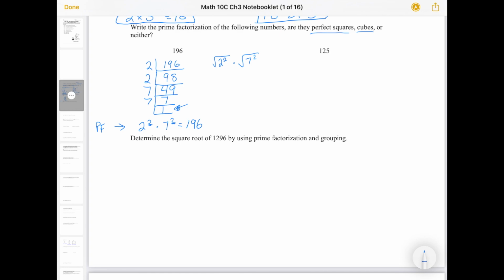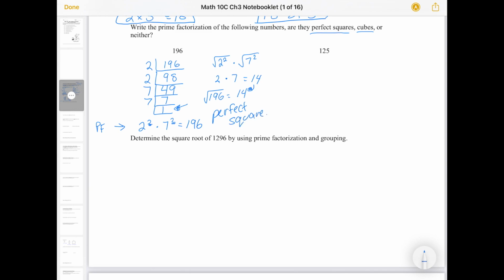The square root of 2 squared is just 2. And the square root of 7 squared is just 7. And 2 times 7 is 14. So what I've done here is I found out that the square root of 196 is 14. So it is a perfect square.